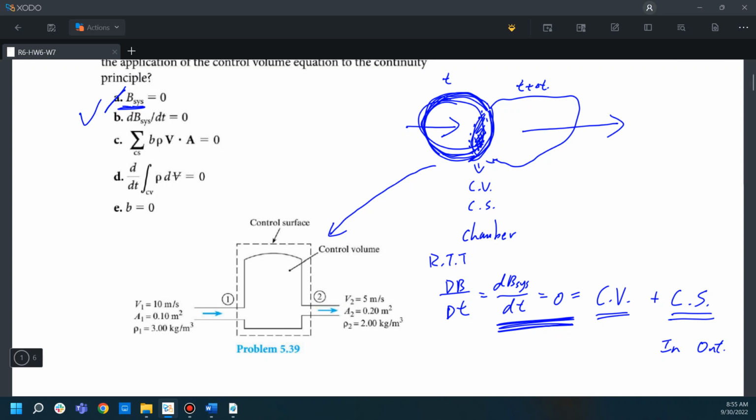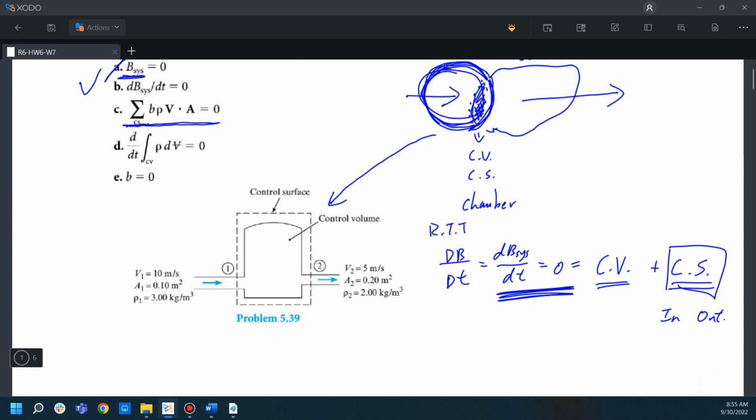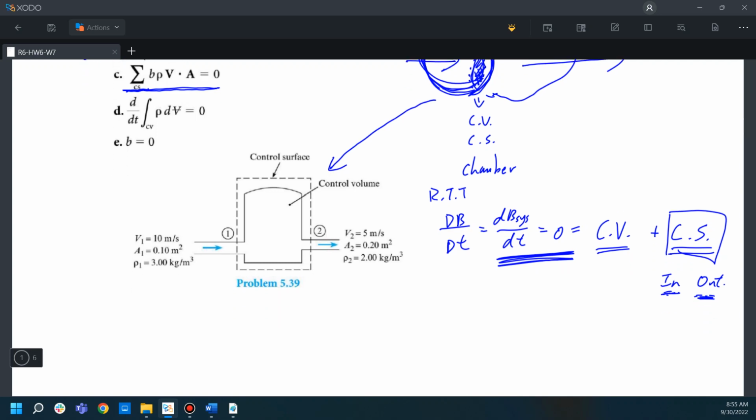And we have the control surface term showing the option C, which is this term. So we want to know whether the inflow is equal to outflow mass. So let's calculate that.